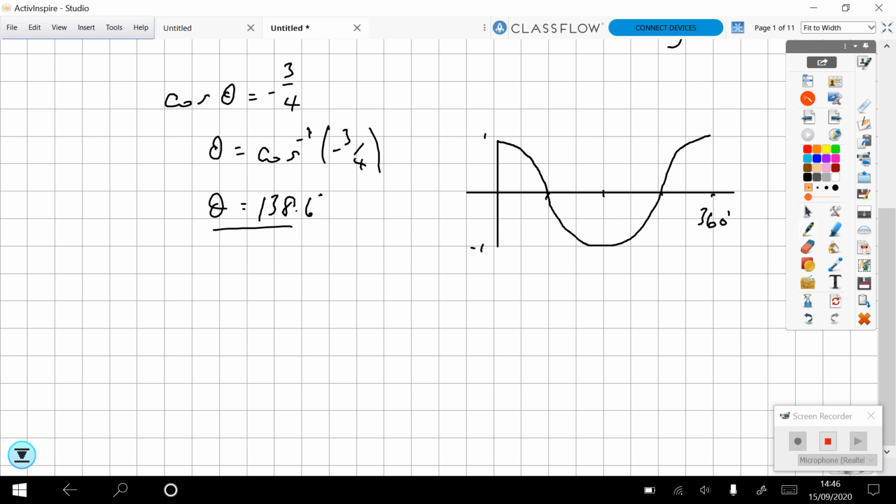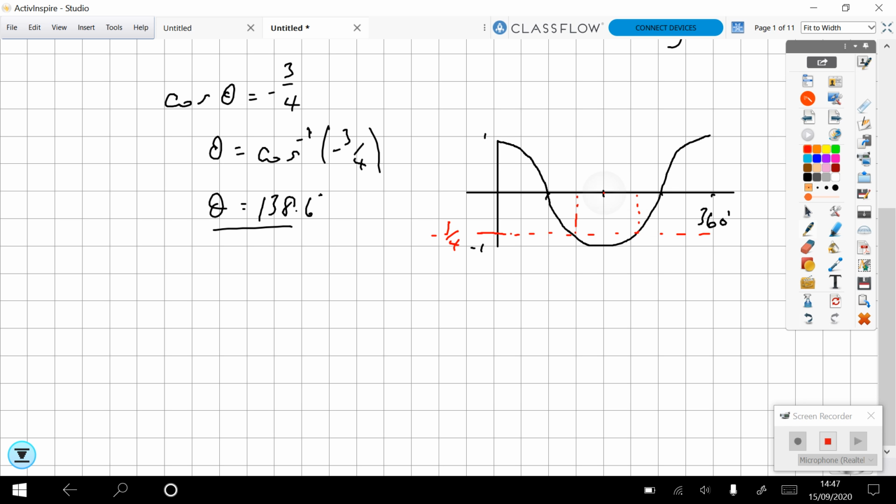Now, cos of theta equals -3/4. There's your -3/4 there. And we can see that we're expecting two solutions. There's one there and there's one there.